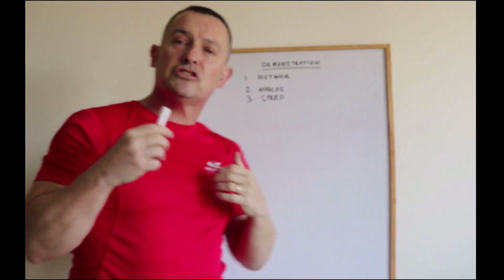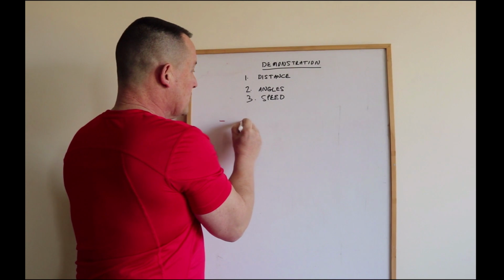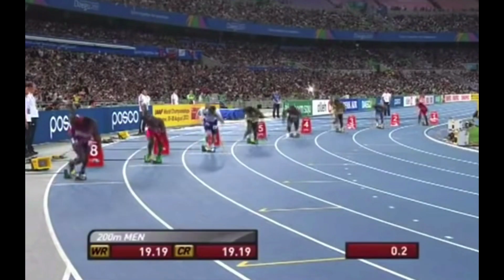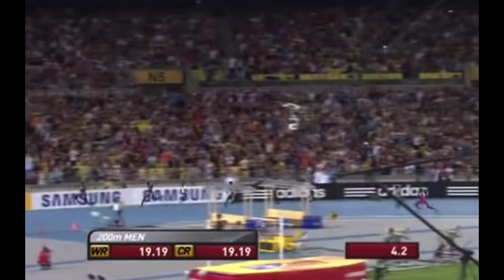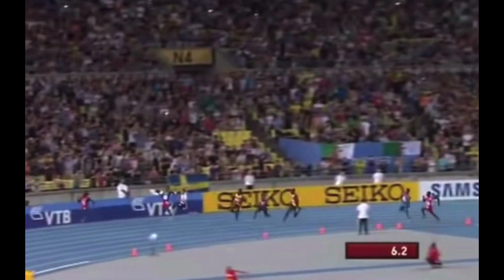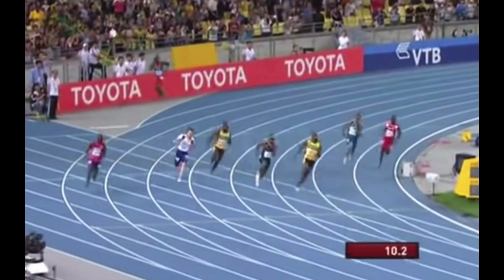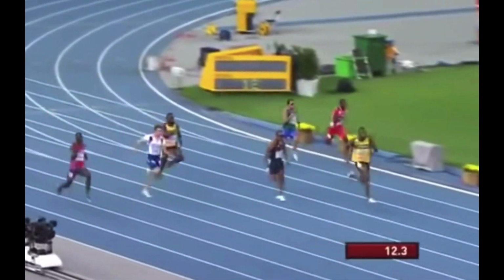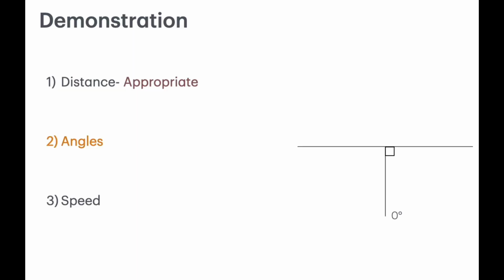However, if I was trying to demonstrate, for example, the rhythm of a run as someone is running over, say, 30 meters or something like that, it would be inappropriate to be too close because you wouldn't see it, so you'd need to move back. So what I would say about the distance is you need to experiment, and it needs to be appropriate.